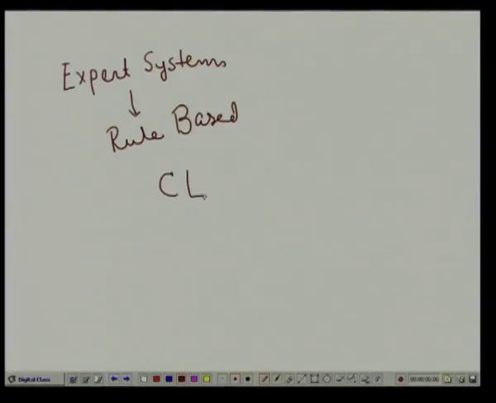And in order to facilitate development of such rule based systems, we often need to utilize some tools which facilitate our development of such rule based systems. So, CLIPS is one such system.